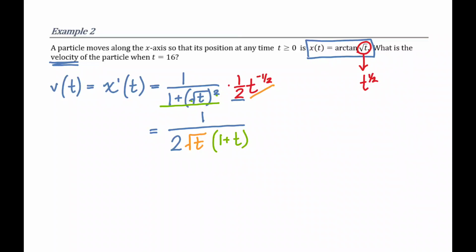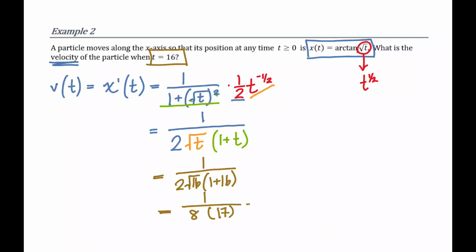Now they asked us to actually find the velocity at a particular moment in time, and the moment in time that they gave us to work with is t equals 16. So we want to substitute 16 in place of t. And so that will give us, square root of 16 is 4, times 2 is 8, 1 plus 16 is 17.